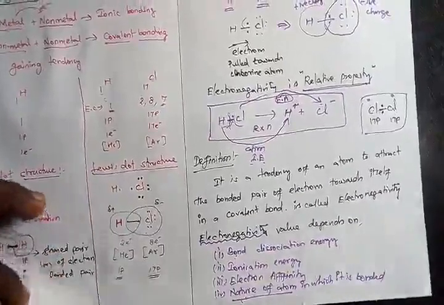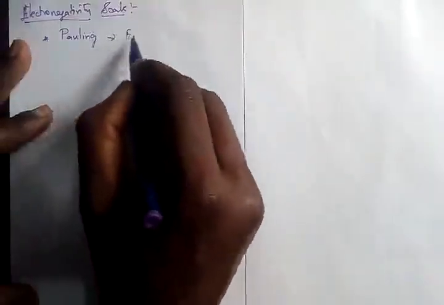The next one is a scale to identify this electronegativity, the electronegativity scale, right? The scientist who gave this scale is called Pauling. So this scale is called the Pauling scale.